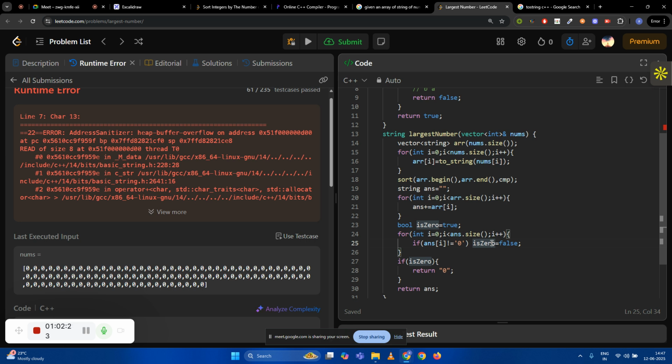Answer is equal to answer plus array of i. Okay, bool is0 is equal to true. Where am I going out of bound here? I'm not going out of bound, right? Can I figure out how I'm getting out of bound? Why is my heap overflowing?